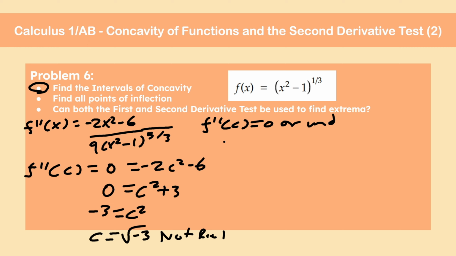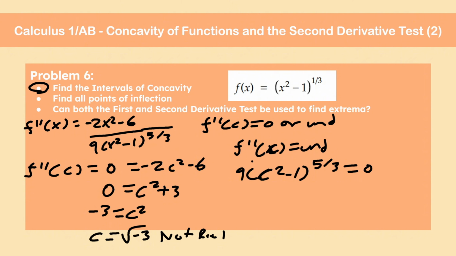So now let's check for when it's undefined. So we're only going to worry about the denominator. So we're going to solve for when the denominator is equal to 0. So I can divide both sides by 9 and get rid of the exponent.